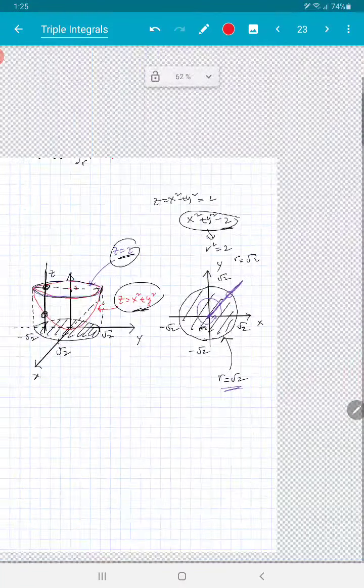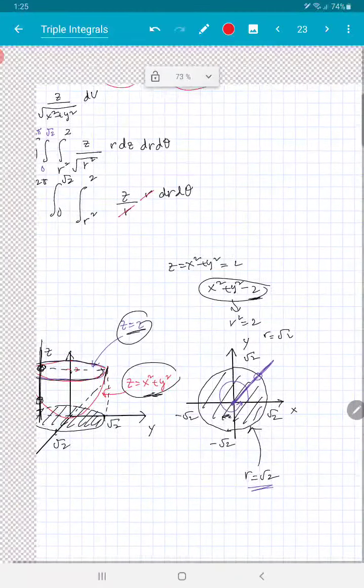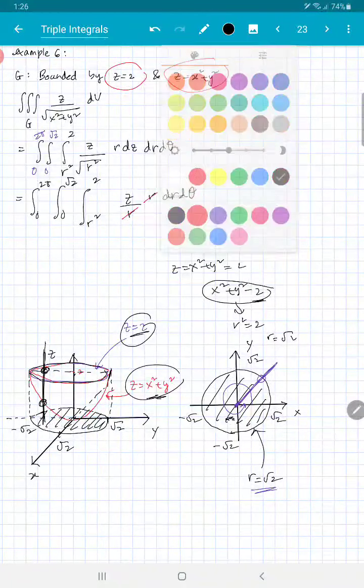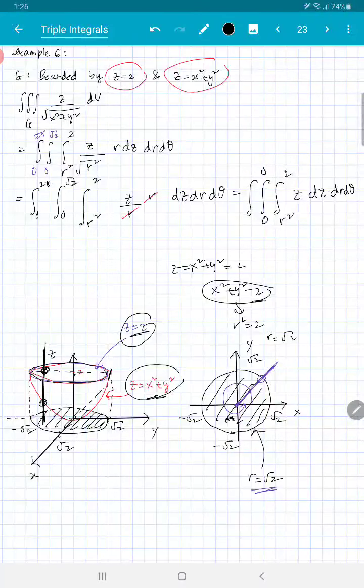So we have dz, dr, d theta. The integration is just z dz dr d theta, z from r squared to 2, r is from 0 to square root of 2, and theta is from 0 to 2 pi.